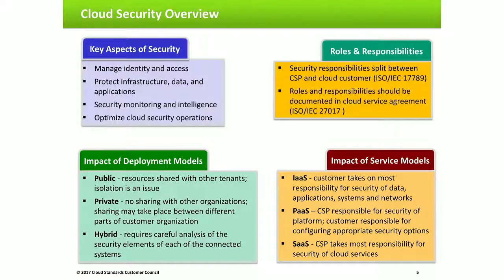So there are a lot of ways to categorize the different security controls. Four key aspects. First, we want to manage the identity and access controls so that we know who's accessing the services or applications and that they're supposed to be able to access them. Second, we need to protect our infrastructure, like the servers or the network. We need to protect our data, our applications. We have sections in the paper for each of those that we'll cover.